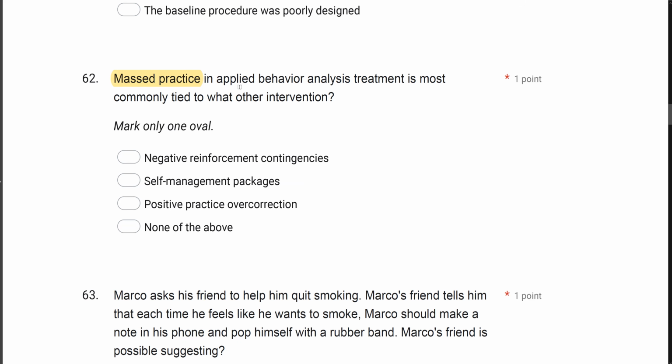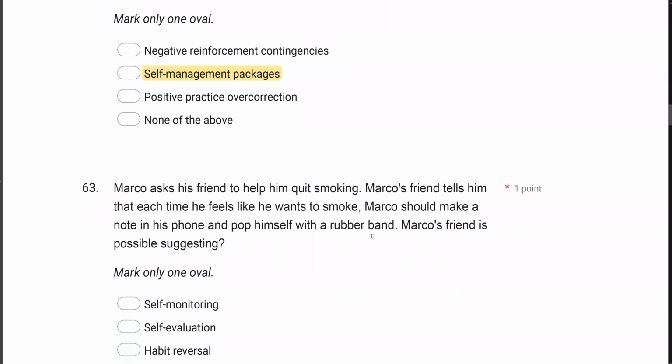It is not a positive practice overcorrection procedure. It's a negative practice overcorrection procedure. So it's most commonly tied to a self-management package because massed practice is just an overcorrection procedure to use in self-management. That's the big distinction. So massed practice in applied behavior analysis is most commonly tied to self-management packages.